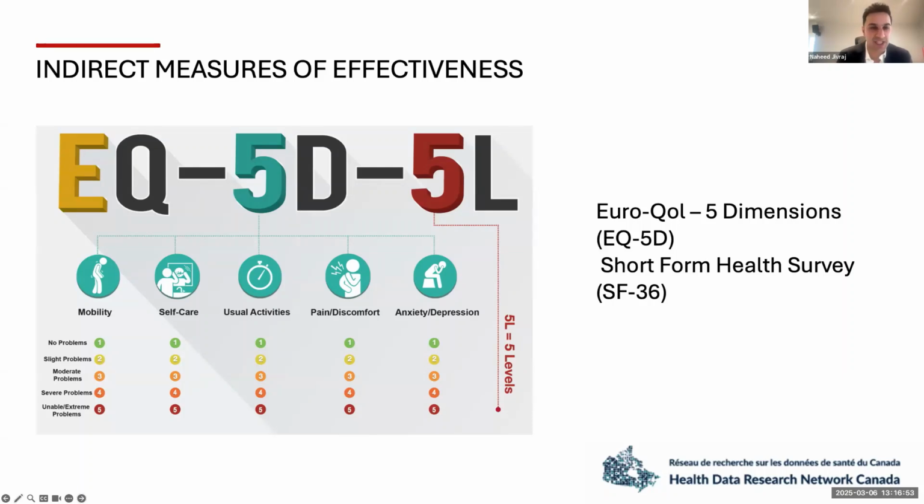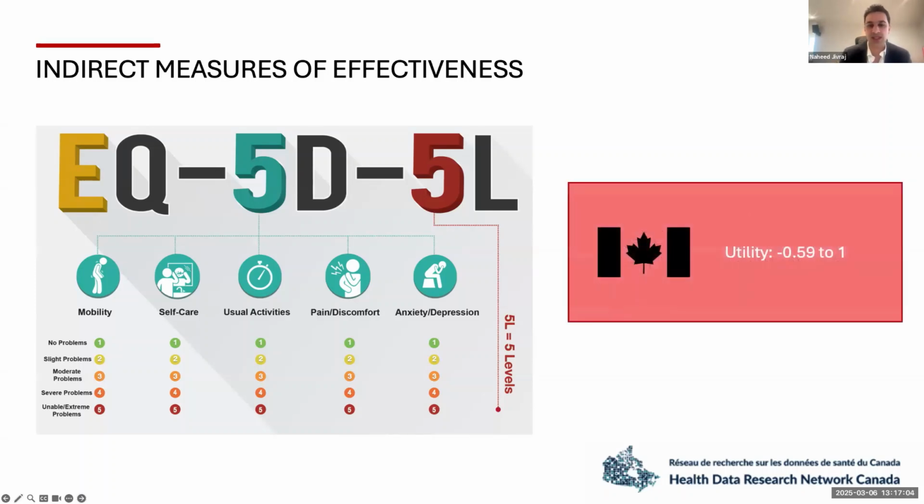The next step is to convert the answers to this survey into a health utility, and this is typically validated in the country in which you live. So for example, in Canada, the responses to the EQ5D questionnaire translates to utility values that range from minus 0.49, which indicates a preference that Canadians identify as worse than death, all the way to 1.